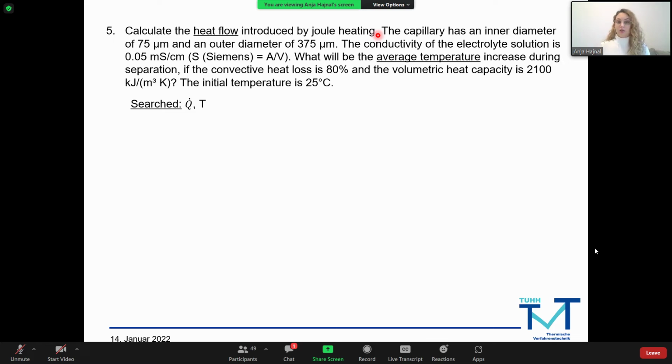And if it's not controllable and predictable, our separation is not reproducible, and then our results are not as reliable. So this is something that needs to be taken care of during electrochromatography and similar processes.